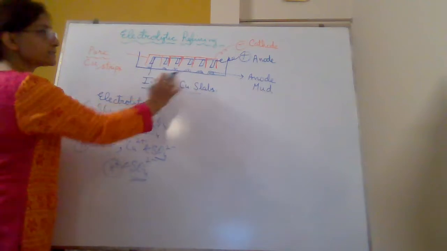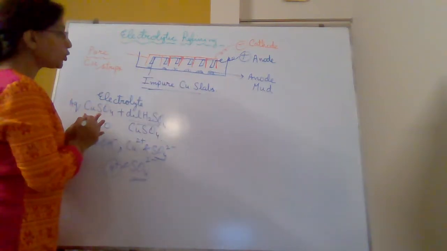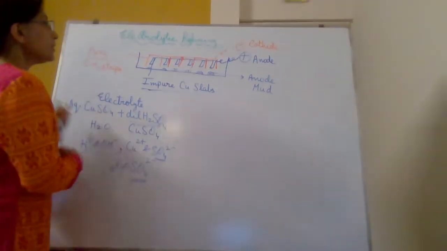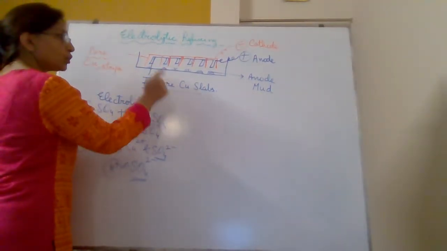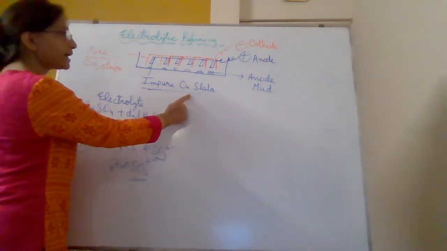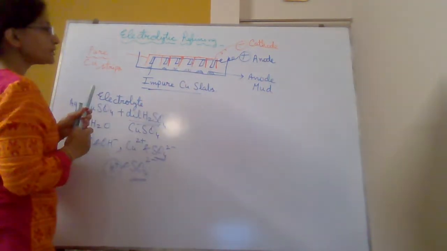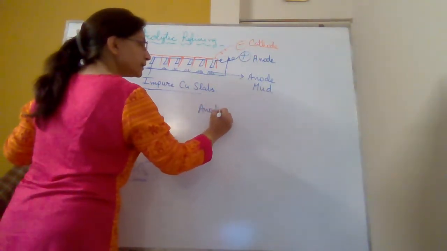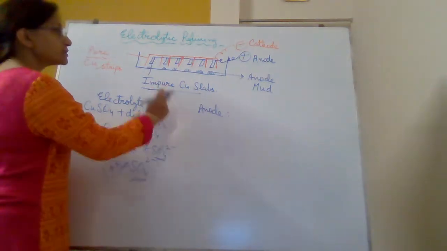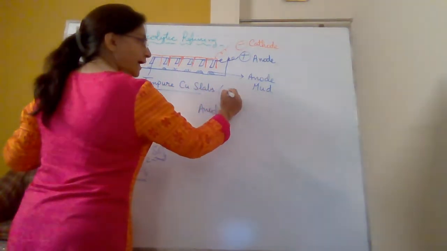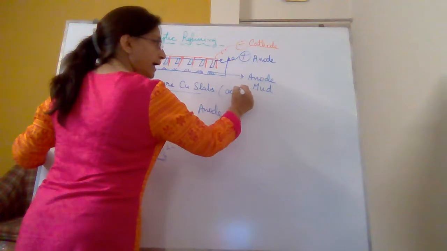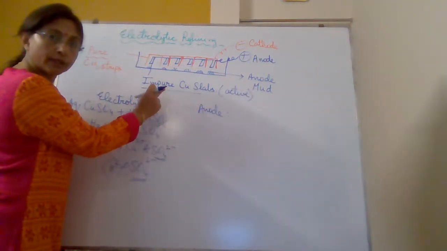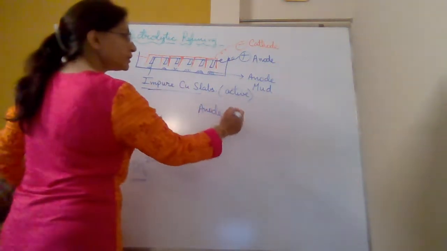Now let us discuss how the impure copper slabs get purified. The impure copper slabs are attached to the anode. So obviously, what will happen at the anode? The reaction at the anode: since the impure copper slabs are acting as the active electrode, and active electrode means they are going to produce their own cations, what will they do?